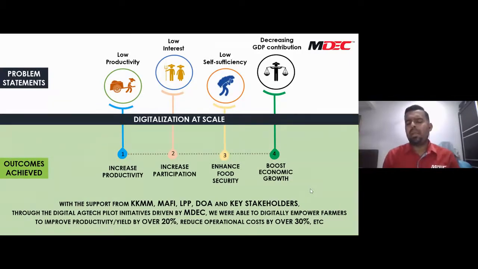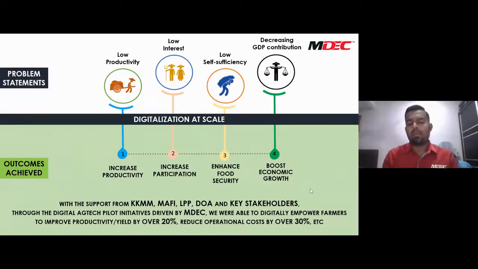Now, ladies and gentlemen, why is the agriculture sector the focus today? Simple. One of the most traditional sectors across the globe is definitely agriculture. In comparison to manufacturing, retail and so on, agriculture is far behind in terms of digitalization or even data-driven empowerment.